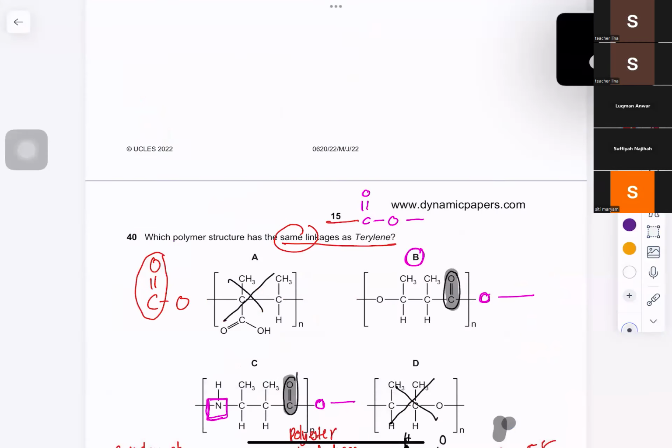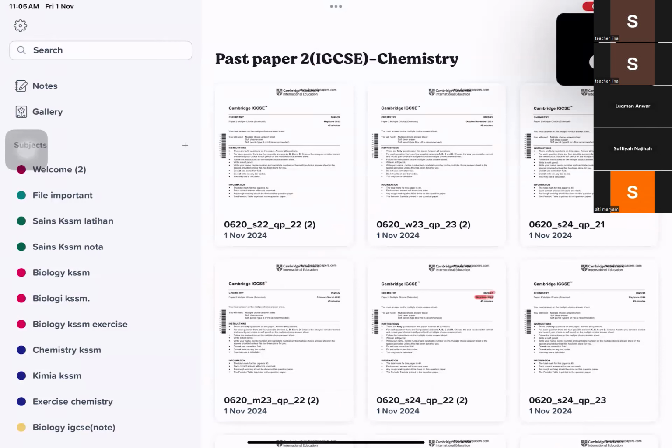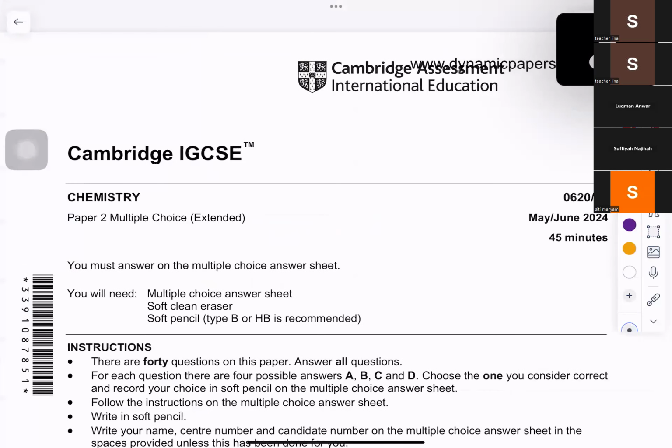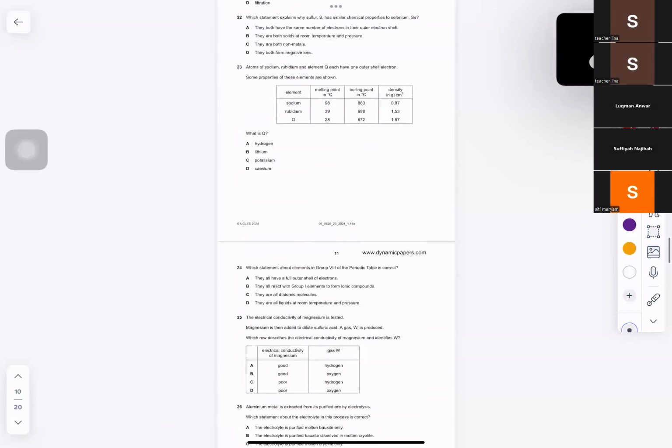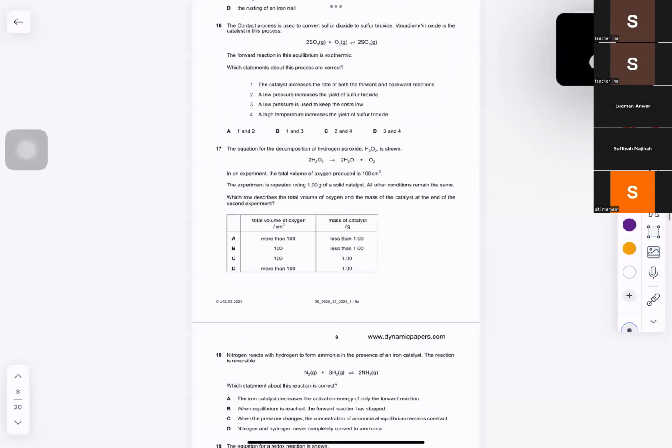Okay, right, kita continue. Okay, sekejap, wait. Teacher, soalan nombor 17, May, June 2024, variant 23. Question 17. Okay, yang tanya teacher ni. This one, right?